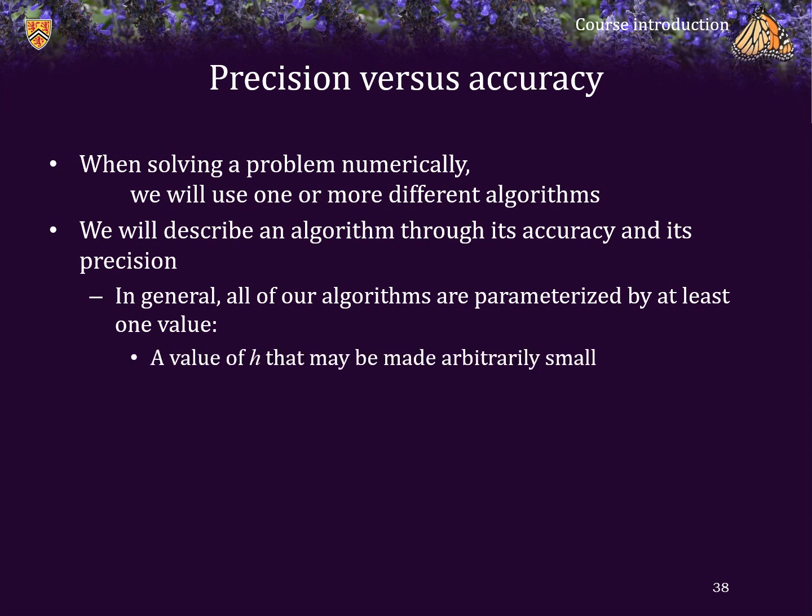For example, an algorithm may be parameterized by a value h that may be made arbitrarily small, and hopefully as h becomes smaller, the precision becomes better.